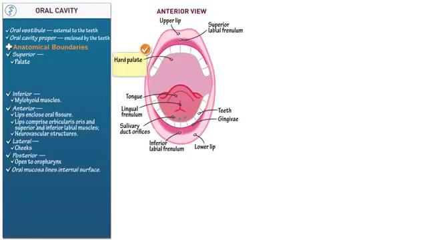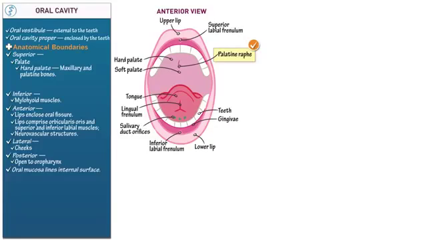Next, indicate the hard and soft palates of the roof of the mouth. Denote that the hard palate, which forms the anterior two-thirds of the palate, comprises the maxillary and palatine bones. In our diagram, show the palatine raphe, which is a raised midline ridge that signifies where the right and left sides of the palate fused during fetal development.